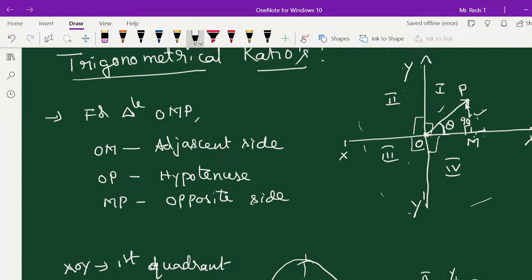Here triangle OPM or OMP will have three sides. The three sides of this right angle triangle are connected to each other with six different trigonometric ratios. We call them trigonometric ratios.